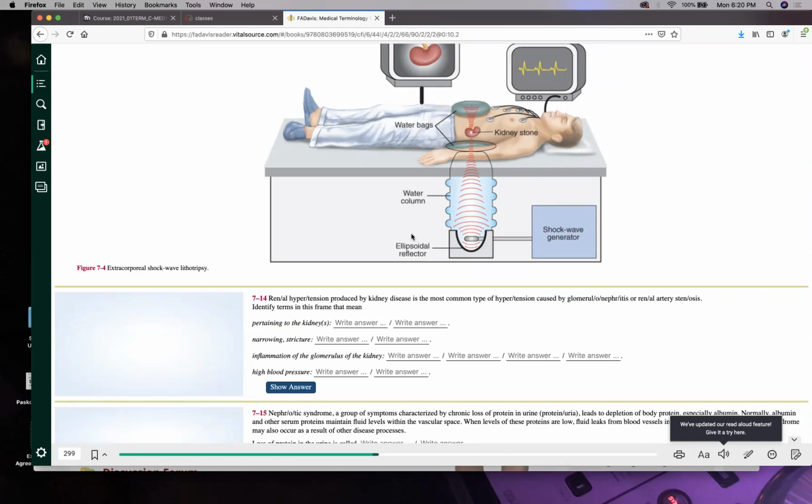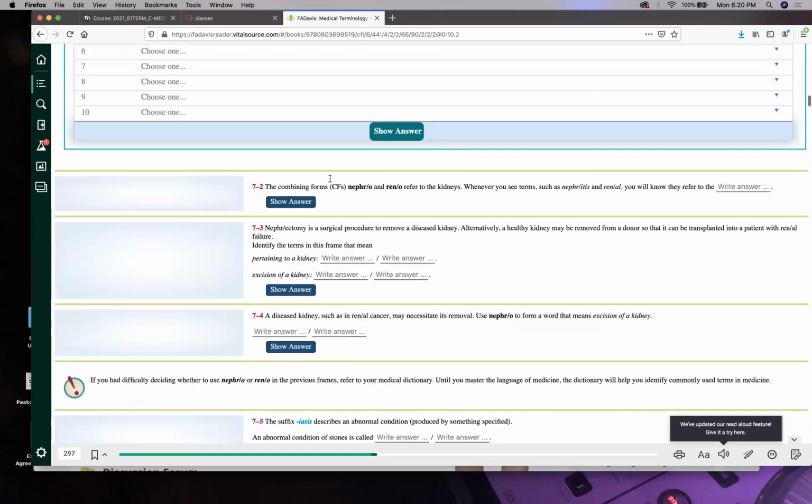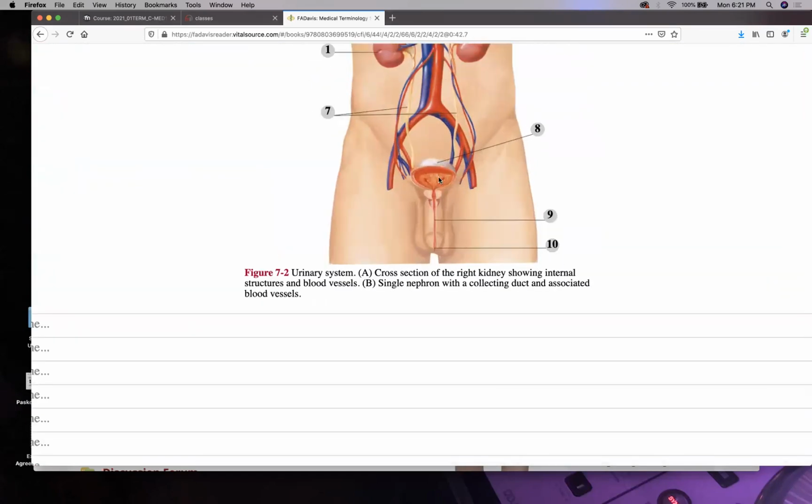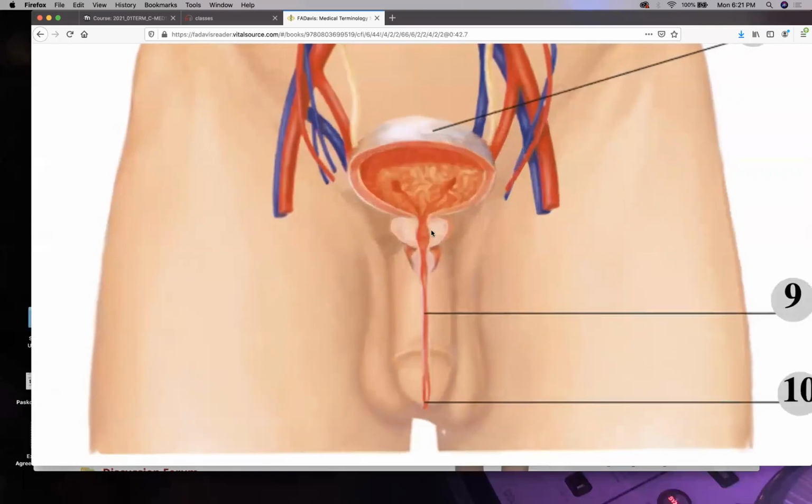Now it has kind of to do with the prostate, but if you see here, let's look at this. And prostate's of course in the male. Here's your prostate. Your prostate is a gland. You have your urinary bladder here, and then your urethra, and the prostate gland is right here.